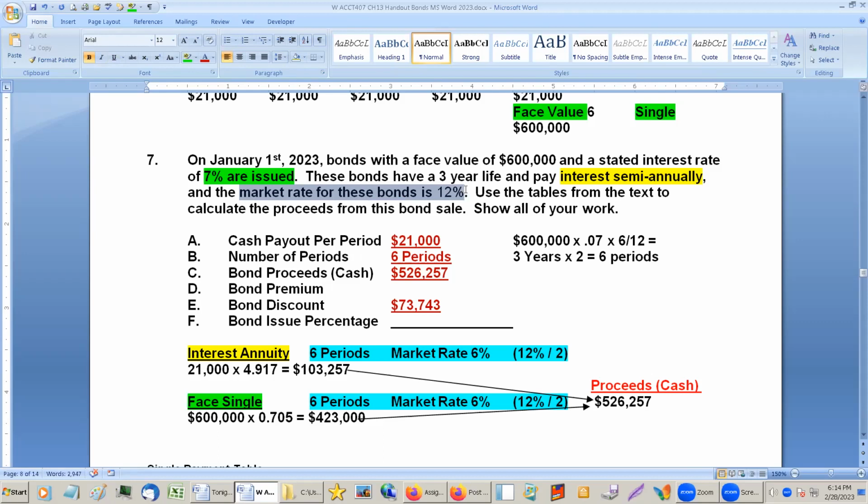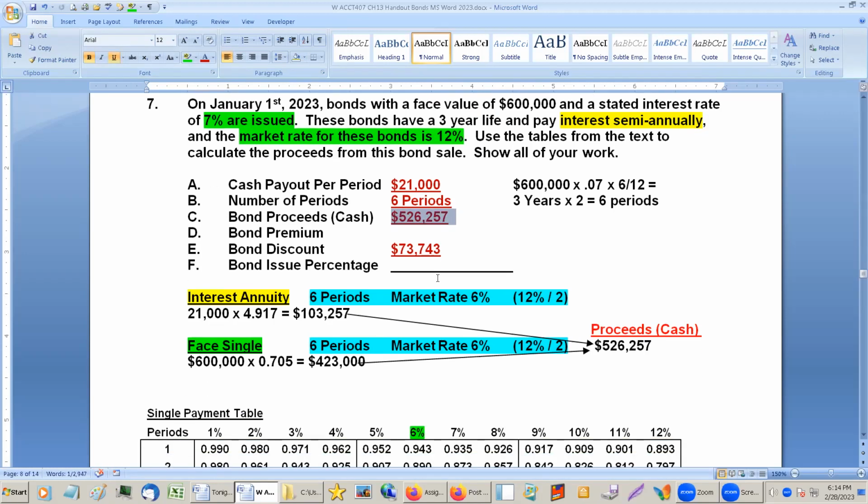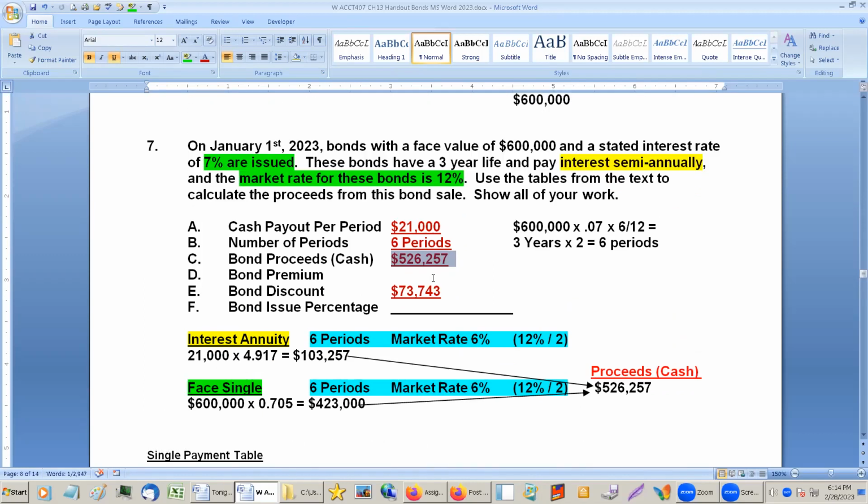If you'll notice, they've got 7% printed on the bonds, but the market rate for the bonds is 12%. Now the market will still buy them from us, but they're just not going to give us the full amount. They say, no, we're not going to give you 600,000. We're going to give you 526,000.